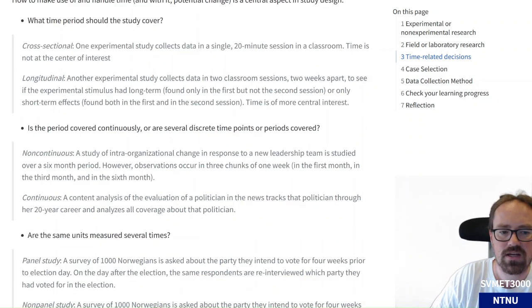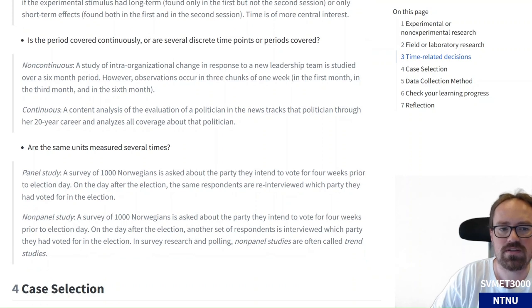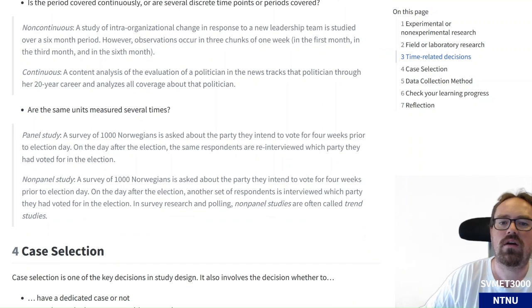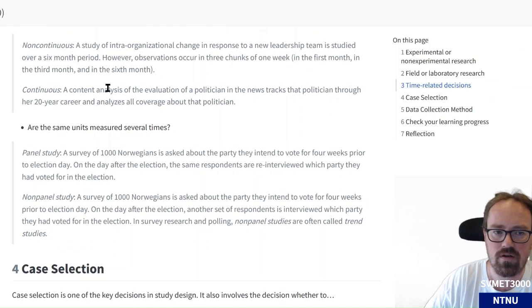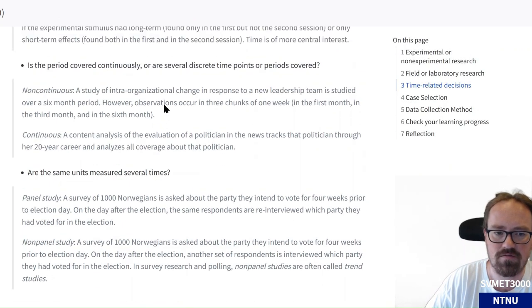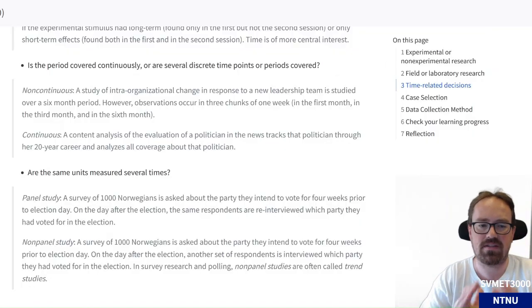But there's different kinds of longitudinal studies, and also cross-sectional studies have to deal with the complexities of the time periods.